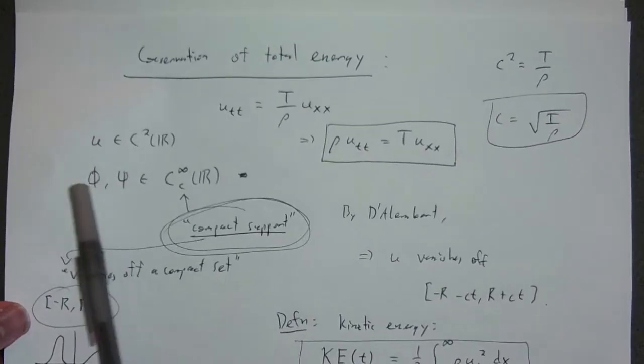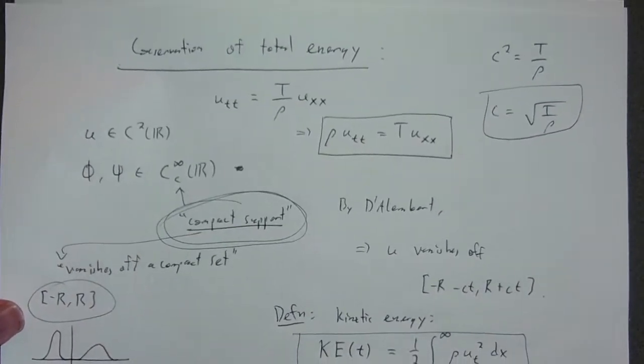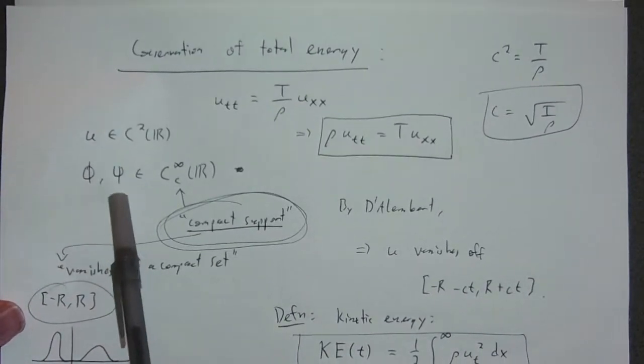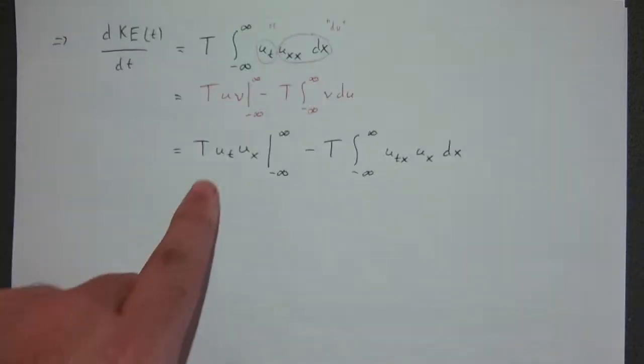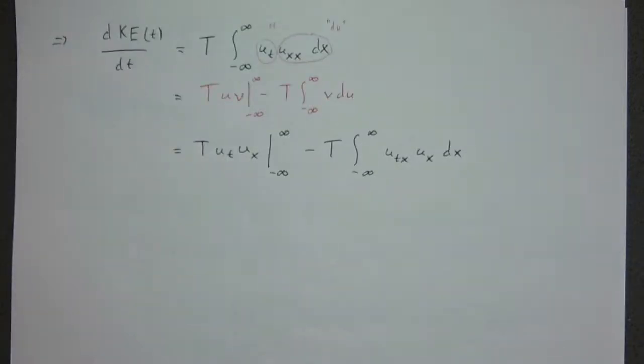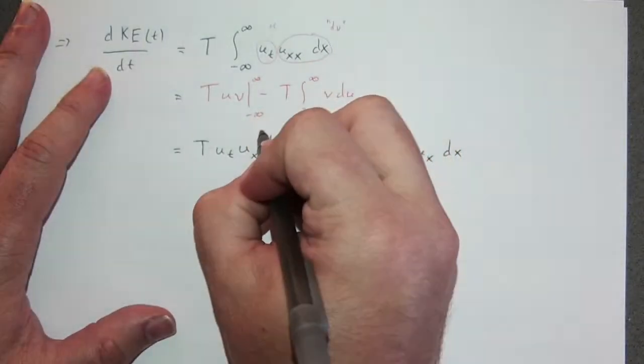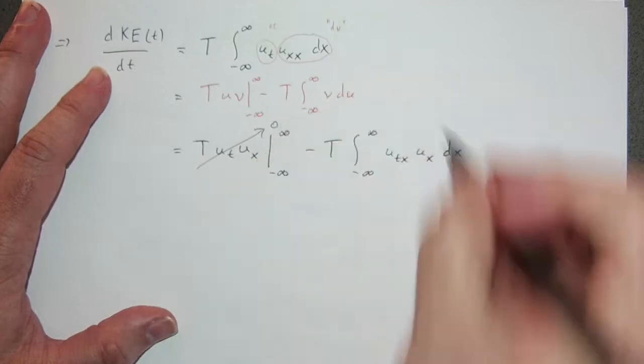It's that my data is compactly supported, so these quantities here are compactly supported. We can dismiss those boundary terms because for any fixed t, both of these will have compact support. Okay, and so this is 0.